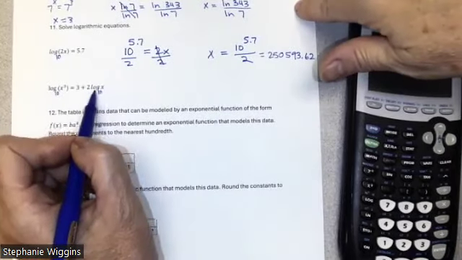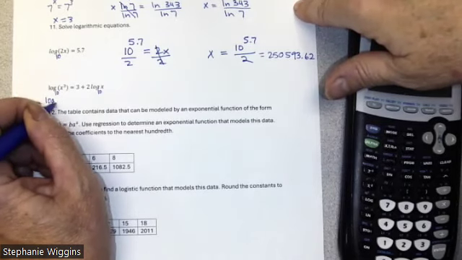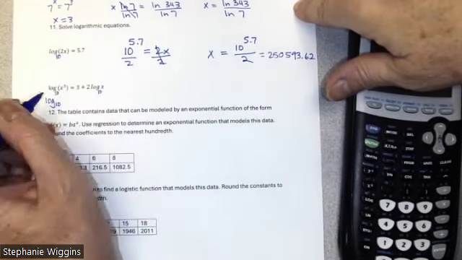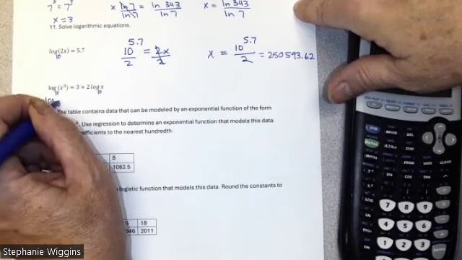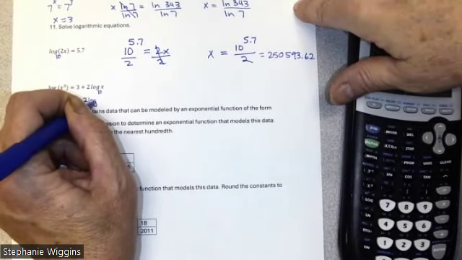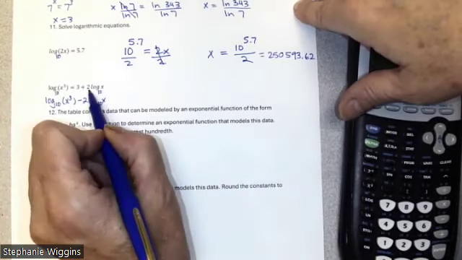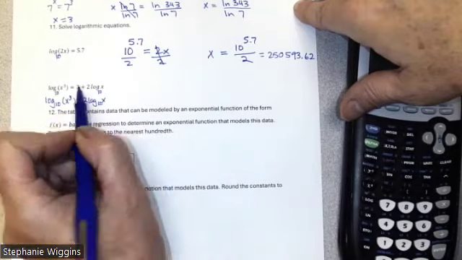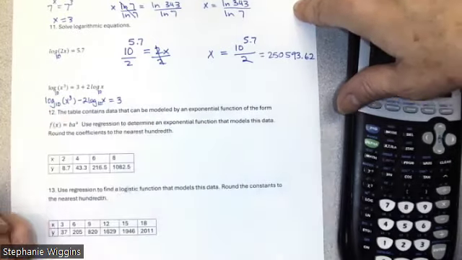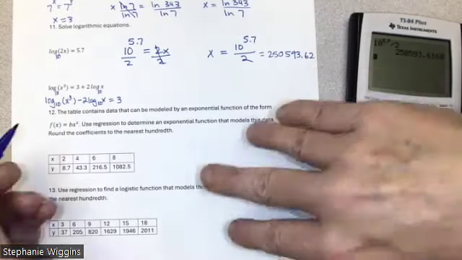So I'm going to bring this log over to the other side, and that becomes log. I'm going to subtract this from both sides. So log base 10 of x cubed minus 2 log base 10 of x. I've subtracted it from this side. And when I subtract it from this side, this just goes away. So that becomes 3. Now I combine the logs into one log.